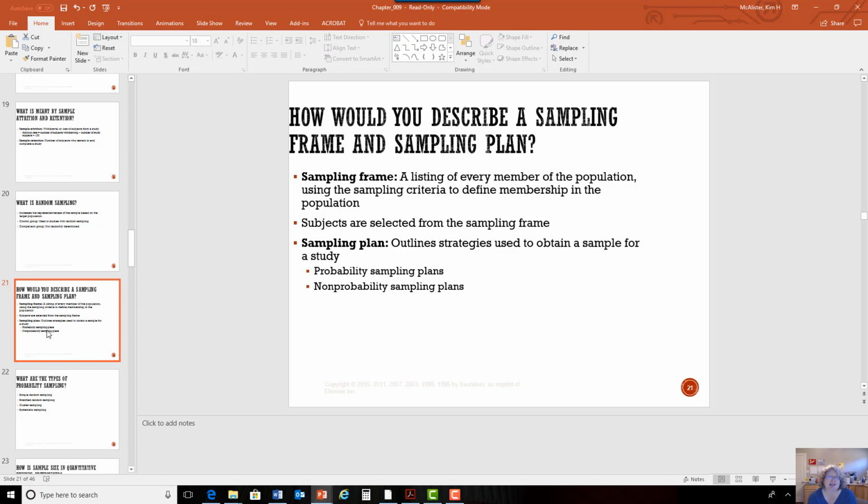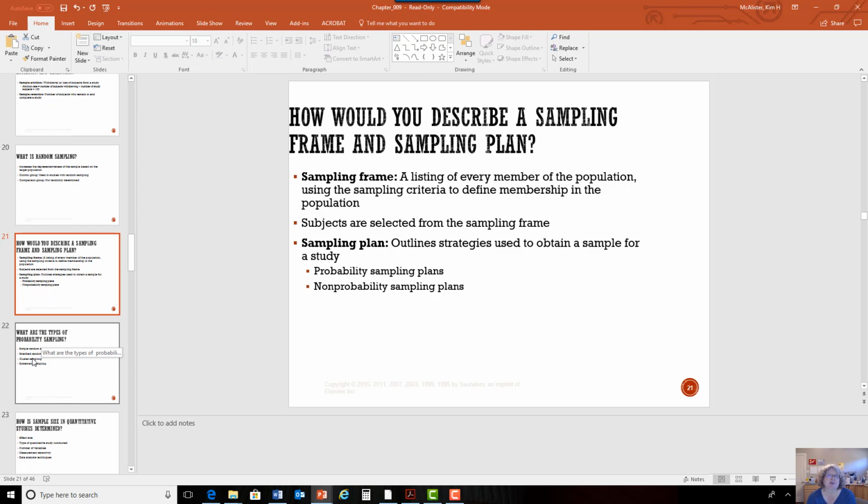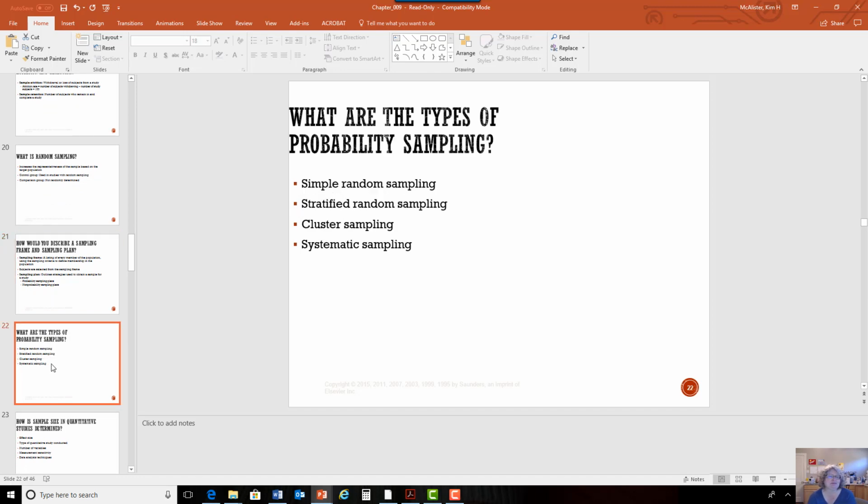And so your subjects, the participants in your study, are going to be selected from the sampling frame. A sampling plan is your strategy for how you're going to conduct the study. And it would be either probability or non-probability.